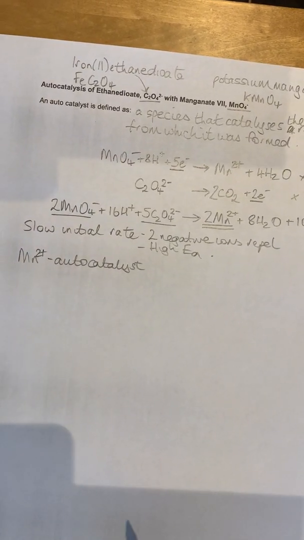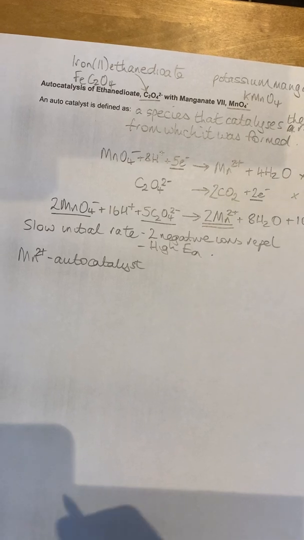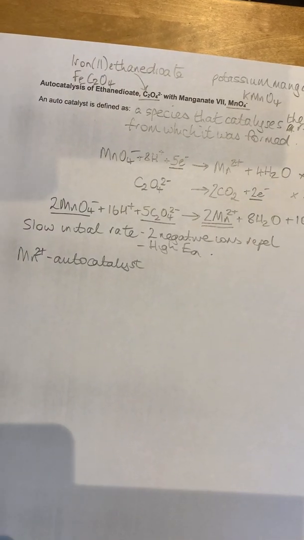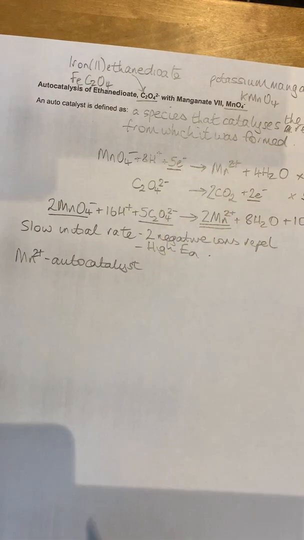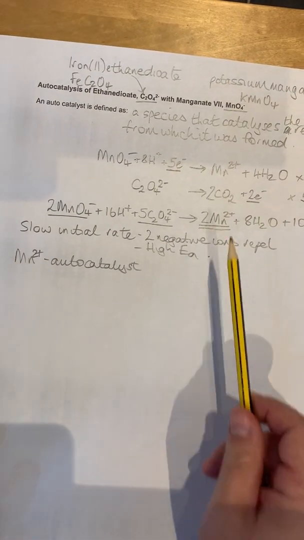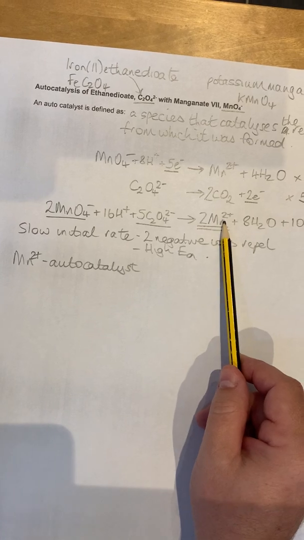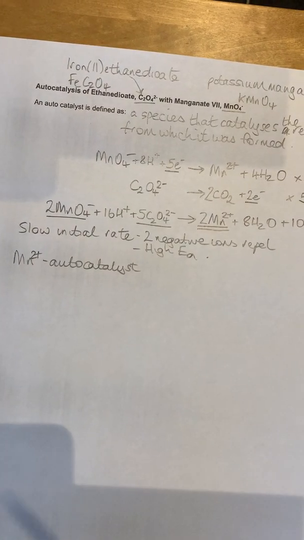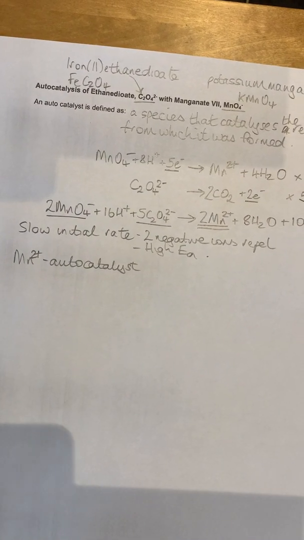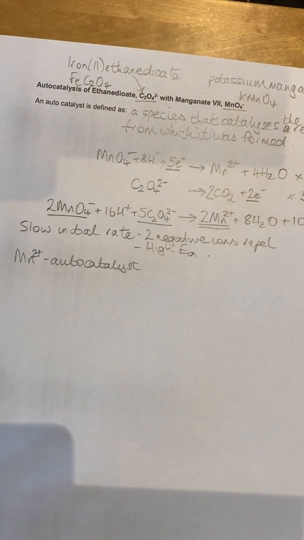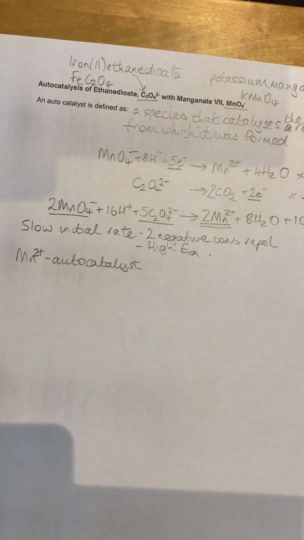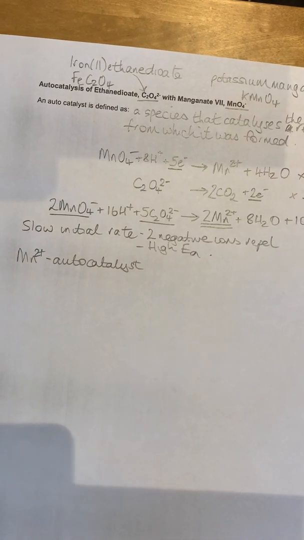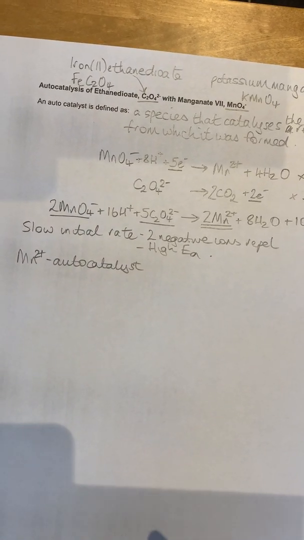So we can't really set this up in the way that we've done all the previous ones, two half equations for the reactant species turning into that, and then the Mn2+ and its other counterpart catalyst Mn3+. I suppose we could, but you really need to understand what goes on in the pathway of the reaction, because this reaction changes as it progresses.